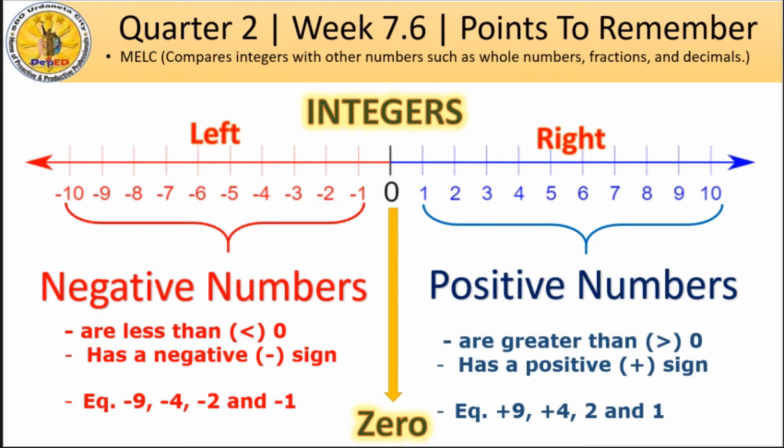Positive numbers are greater than 0. They have a positive sign, but do not be confused. If the counting numbers do not have a sign, it means they are automatically positive numbers. Examples are positive 9, positive 4, positive 2, and positive 1.